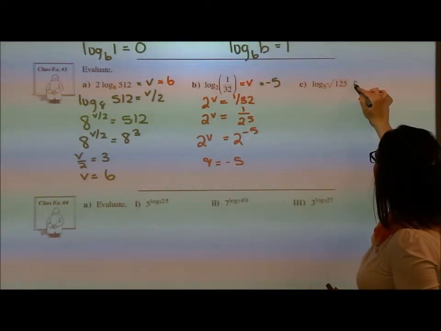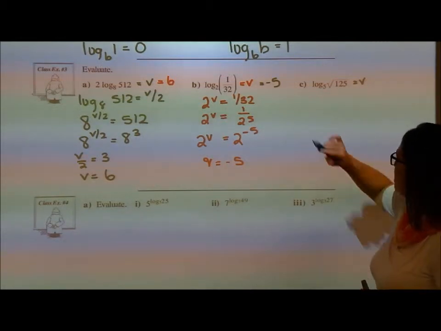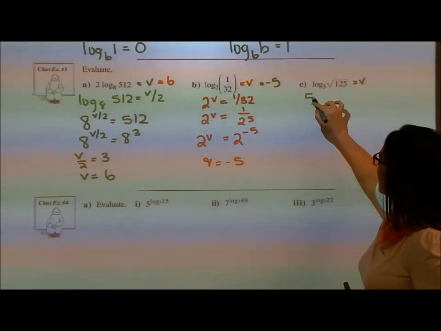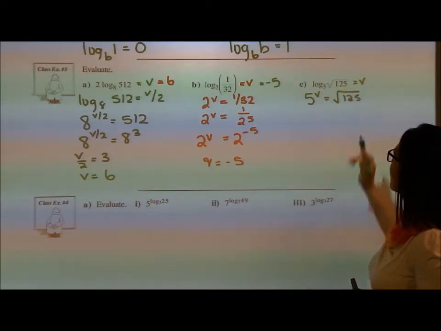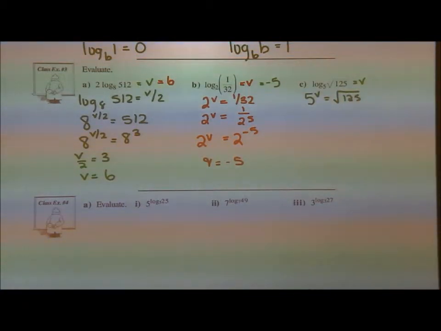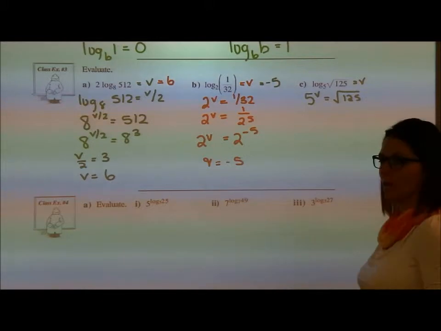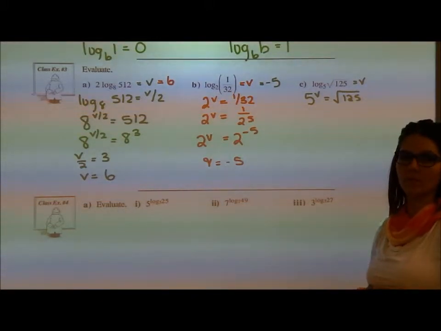And then with the last one, I have 5 to the power of v equals the square root of 125. If I have to take out that square root and write it as a power, what would I get as a power?